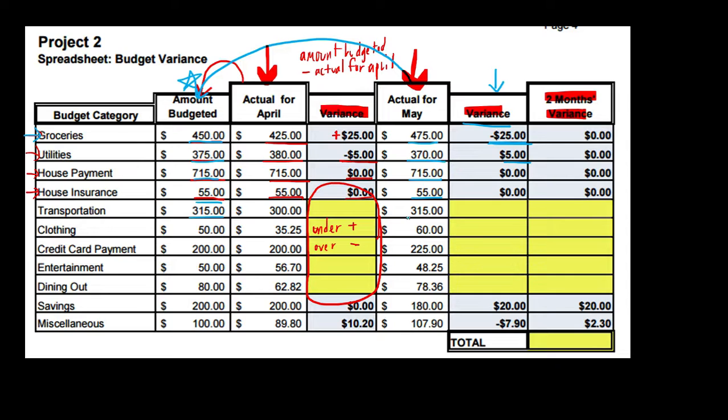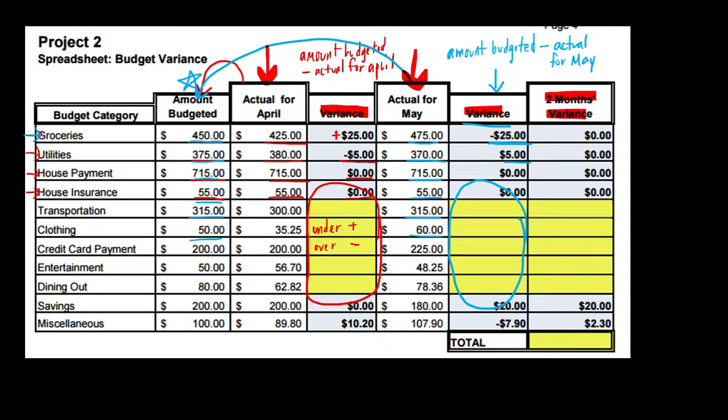If you overspent, you'll get a negative variance, and if you underspent, if you still had money left in the budget, you'll get a positive variance. And that's how you'll fill out this column. So to find variance for this column, you'll take amount budgeted and subtract off actual for May.